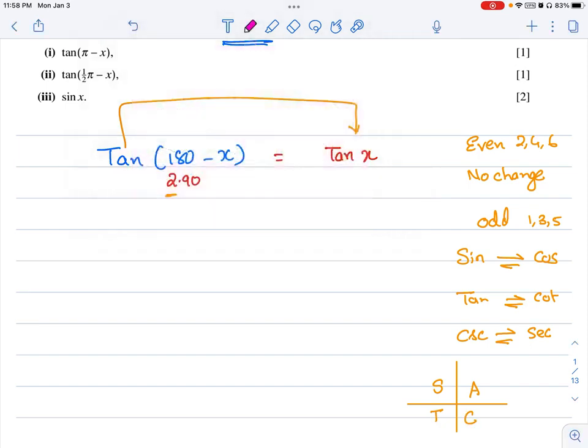So 90 minus theta is in the first quadrant, 180 minus theta in the second quadrant, 270 minus theta in the third quadrant, 360 minus theta in the fourth quadrant. In the second quadrant sine is positive, so tan should be negative. So the answer is minus tan x, but tan x is equal to k, so minus k.